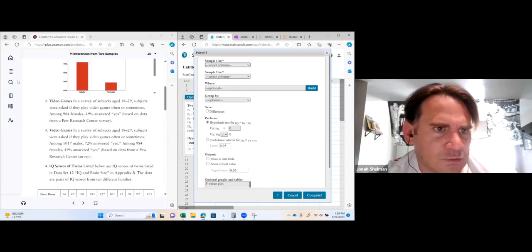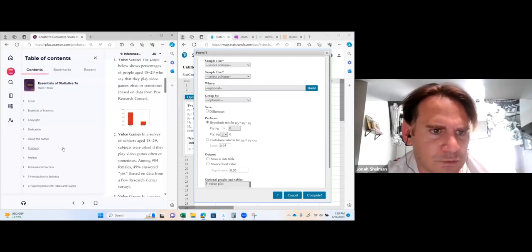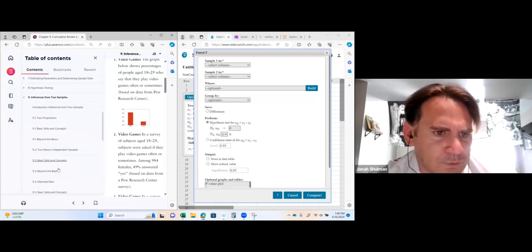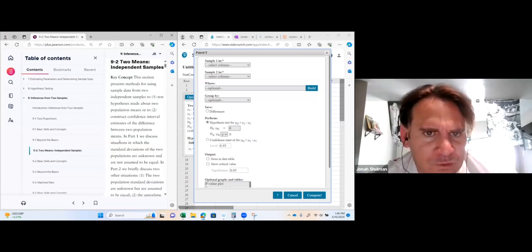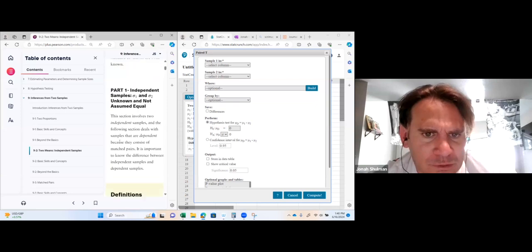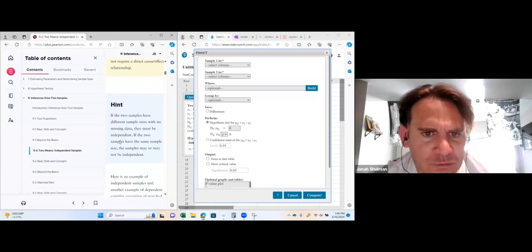Let's see what 9 has in store for us, just for this one. Let's see whatever formula they give you for 9. Two independent samples, but that's not equal.